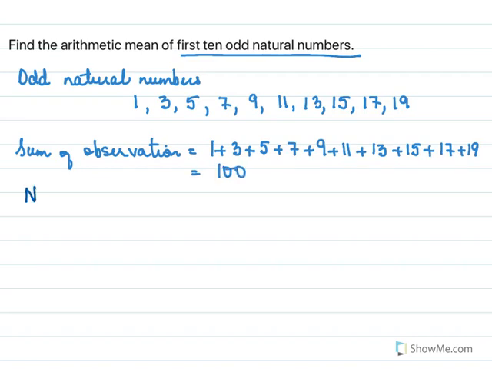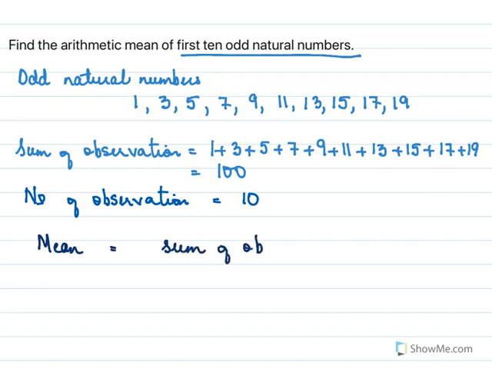Now the number of observations is equal to 10. So to find the mean, we need to find the sum of observations over the number of observations. The sum is 100, the number of observations is 10, so the mean is 10.